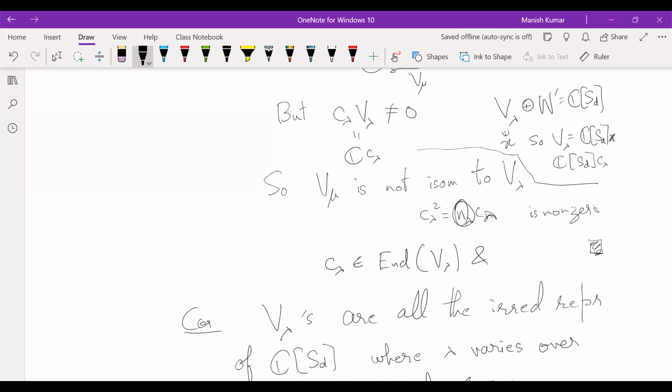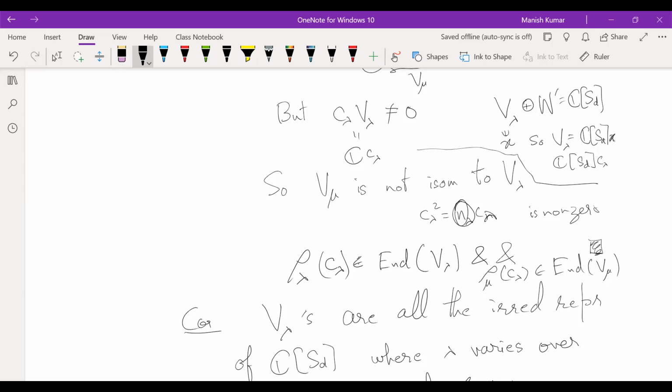By the representation, let's say rho lambda of c lambda belongs to End V lambda, and rho mu of c lambda also belongs to End V mu. If they are going to be isomorphic, these two are going to be conjugate at least.